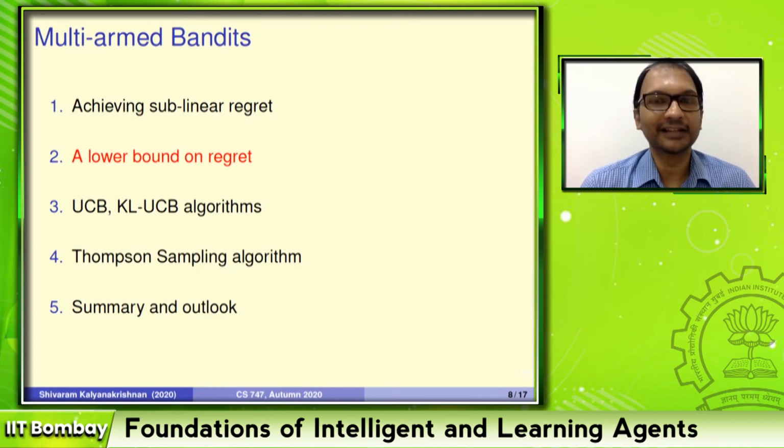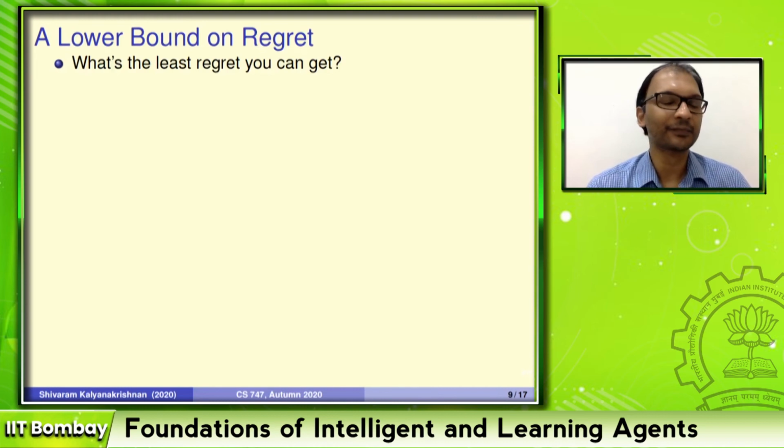What is really the best that we can do in terms of regret? Can we get log t regret? That would be great, because log t is a function that grows very slowly with t. It grows much more slowly compared to, let's say, square root of t, which is a polynomial function of t. So what's coming up next is a discussion on what is the best we can hope to achieve with an algorithm. So let's look at this lower bound.